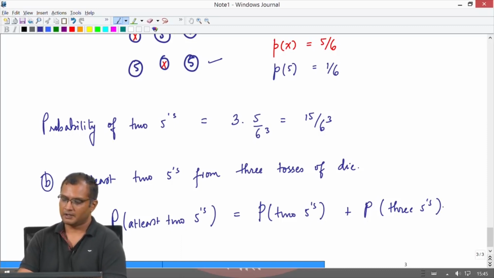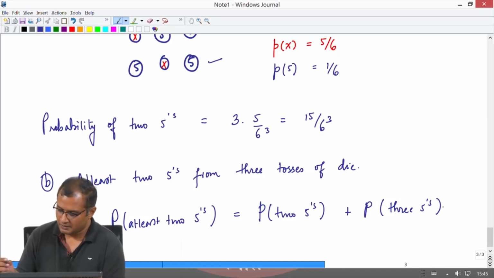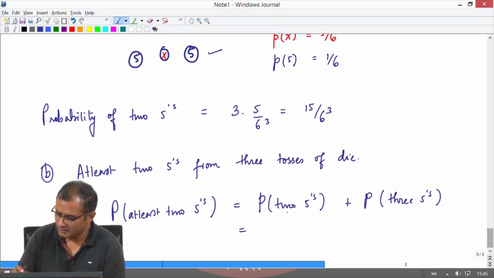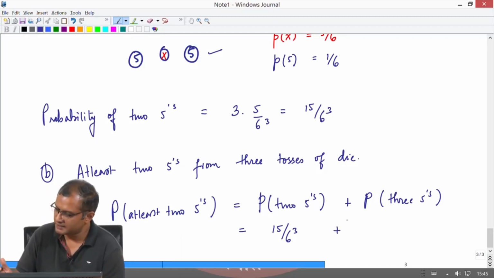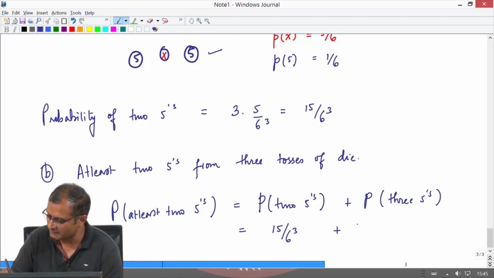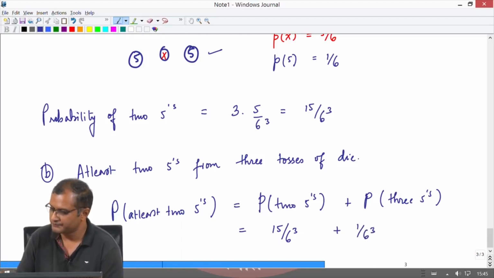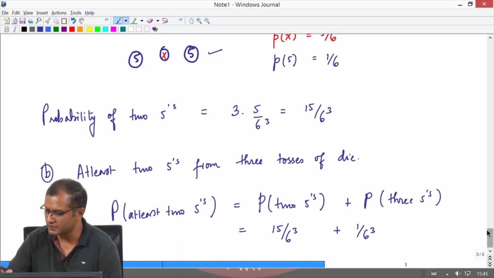Okay. That is the only two possibilities, and this would be already calculated. This is nothing but 15 by 6 cube as just calculated from the previous task, and the probability of getting 3 5s is just 1 by 6 cube, because there is only one way in which you can get 3 5s.